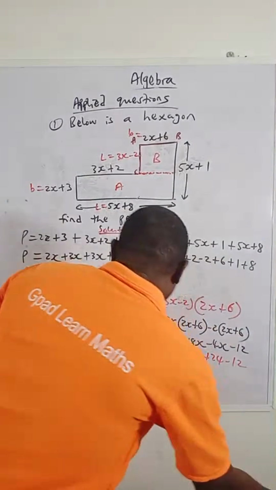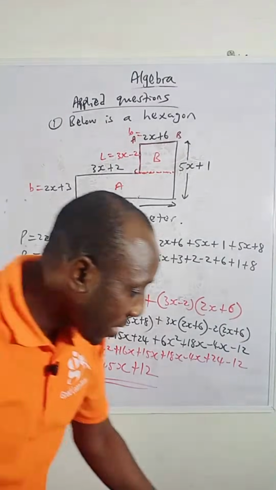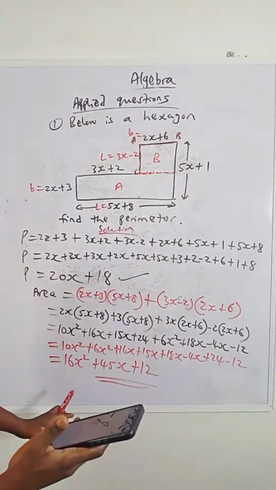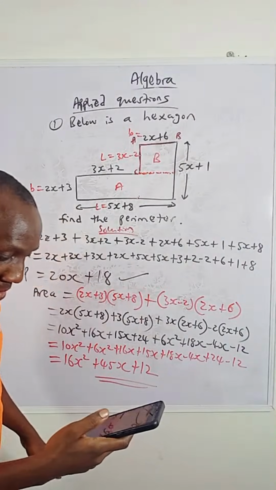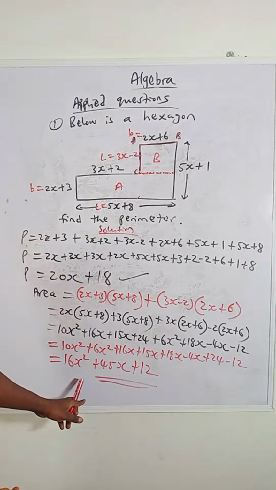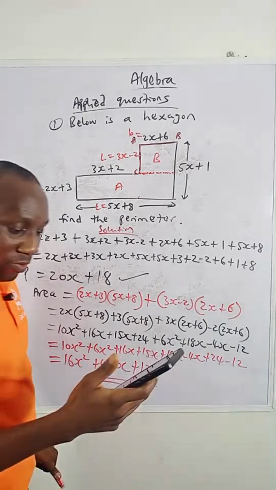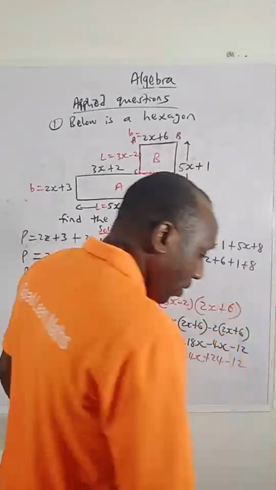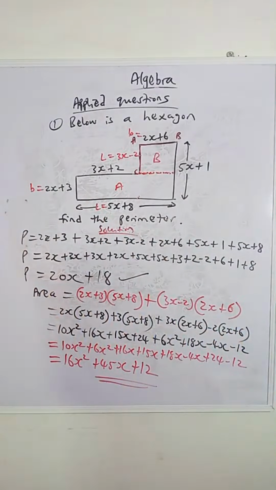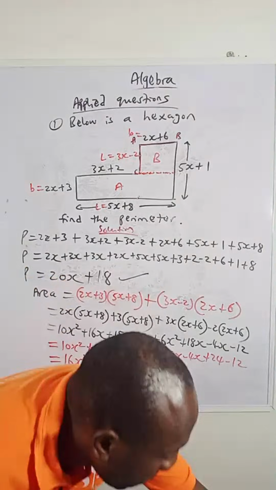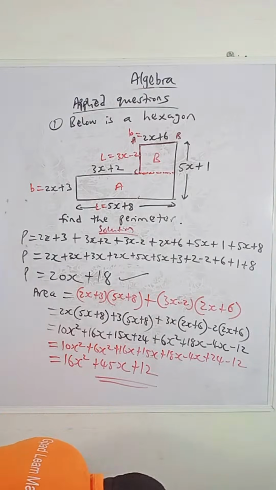Who has got this? Let's have your answer in the chat. If you got this, anybody confirming that for us? Or you didn't even try it at all. You were just waiting for me to do it. It's fine. I've done it already. The answer is in the chat. The answer is here now. Anybody? Let's have your feedback in the chat.